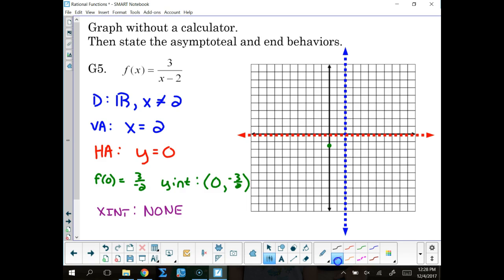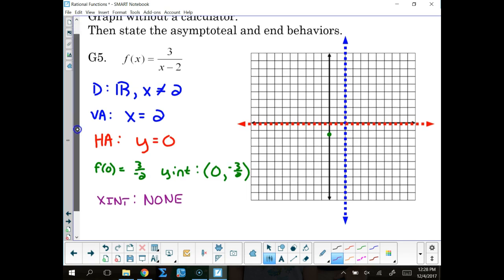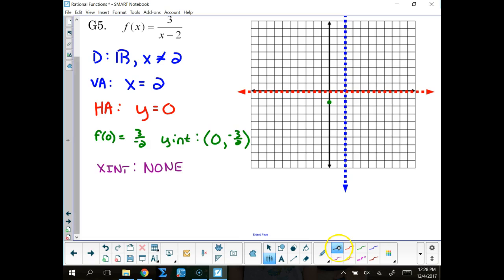Alright? So, now we just gotta pick some other points. Oh, let's go with 1 and negative 10. If I put 1 in there, 2 minus 1 is? Negatory 1.